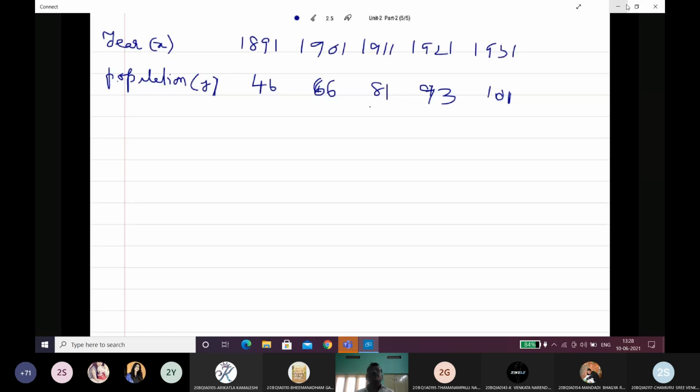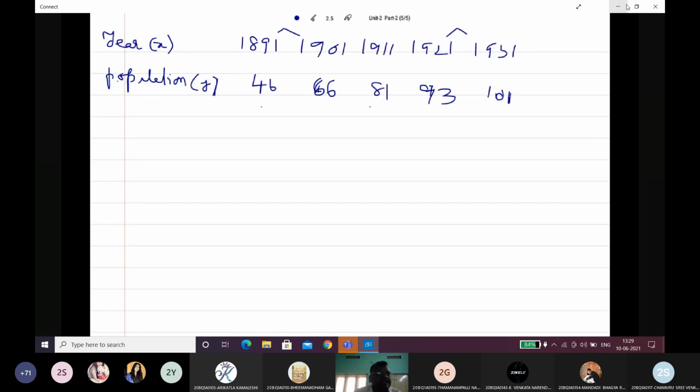So we have to find 1895 and 1925. One value is at the beginning of the table and the other is at the ending of the table.